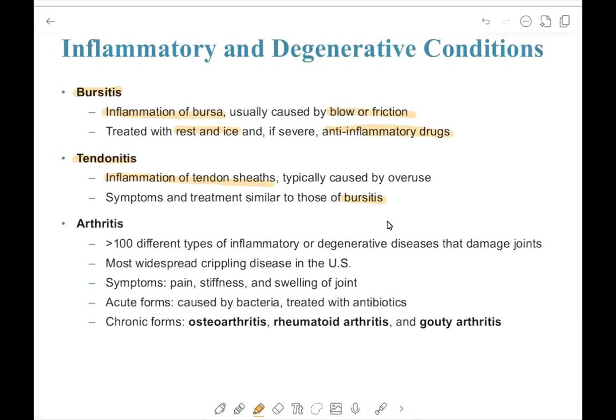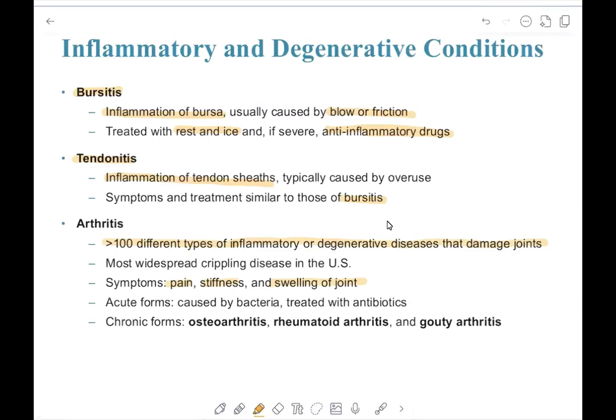For arthritis, there are over 100 different types of inflammatory or degenerative diseases that damage joints. Most are widespread, very crippling diseases in the US, and the symptoms are pain, stiffness, and swelling of the joint.